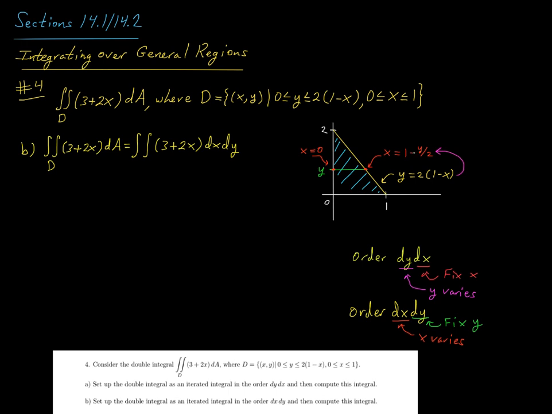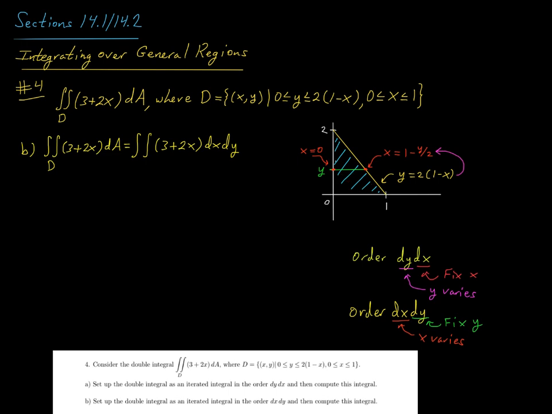Okay, so now let's go ahead and set up this integral. If I'm going to switch the order, so now I'm looking at the order dx dy, x is going to vary from 0 to 1 minus y over 2, and then we're going to stack horizontal strips as we let y vary from 0 to 2.